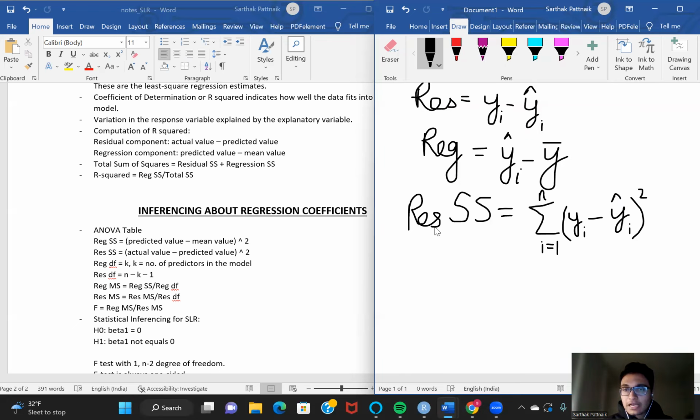So this is going to be my value of residual sum of squares. It is basically the difference between the actual value and the predicted value, and squaring it for each of the points.